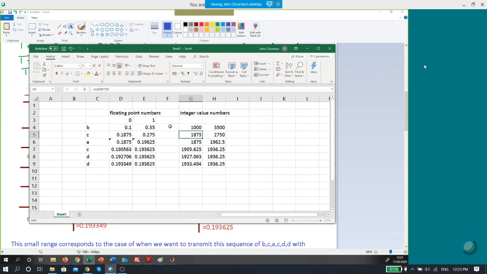We need a comma, do we? Yeah, we need to put in the precision there. There we go. Oh, look. So we got 1,000 to 3,500 there, and 1,875 to 2,150. So nothing to transmit there.